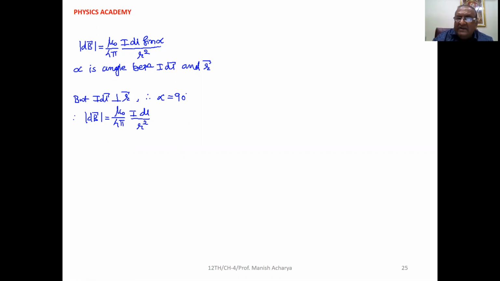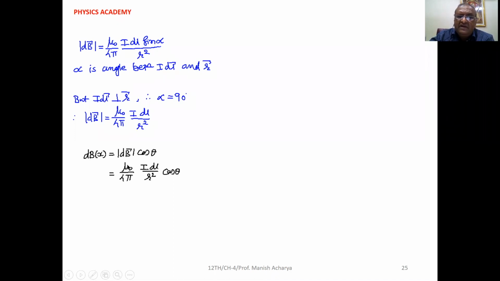But we already discussed this: only the cosine component will be present at that particular point. The sine component of the magnetic field produced will be cancelled out. So the magnetic field at a distance x by this particular current element is dB cos theta.